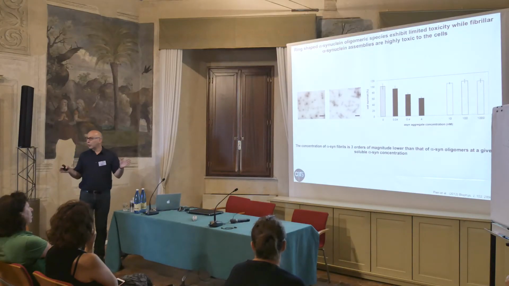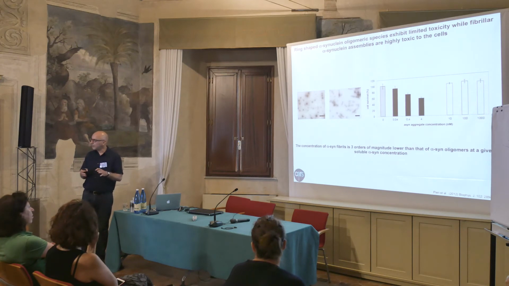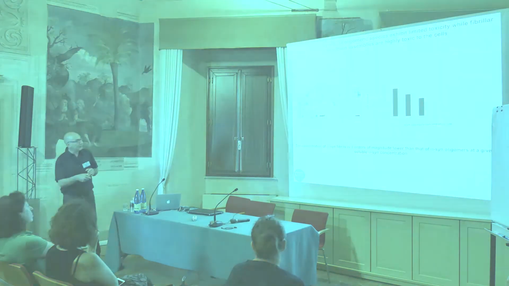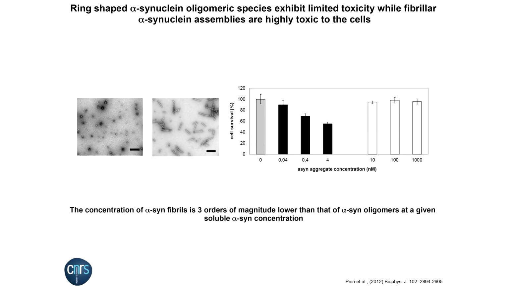So to homogenize them, we sonicated them, not very actively, but sufficiently to make them relatively homogeneous in length. Then you can use machines that exist since the 50s and even before, called analytical ultracentrifuges, which allow you to estimate the molecular weight of these particles.